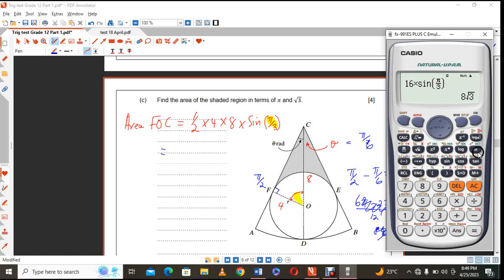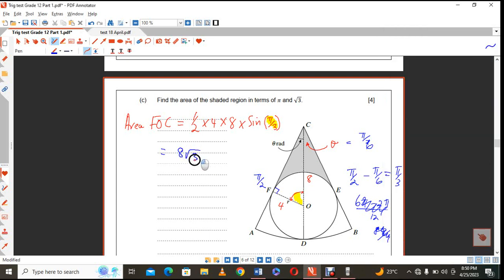So you get 8 root 3. So that is this sort of sector here. Now, also looking at that, if I have to bring in the whole area of that sort of kite, you see what I'm saying? I've got the area of this sort of kite.